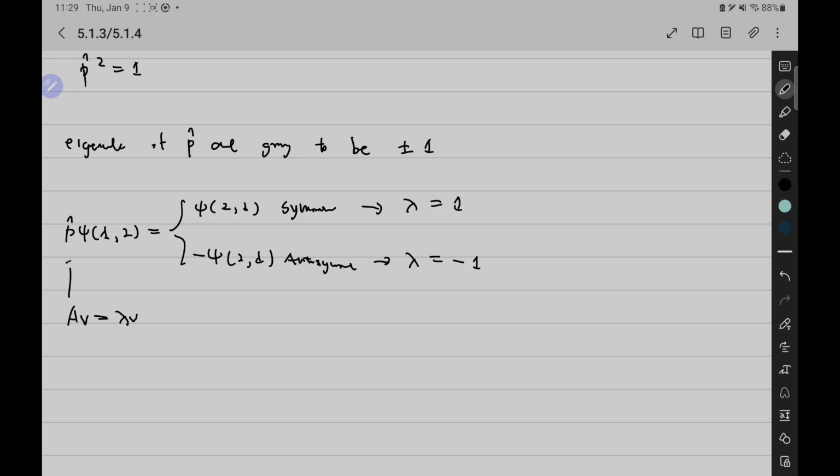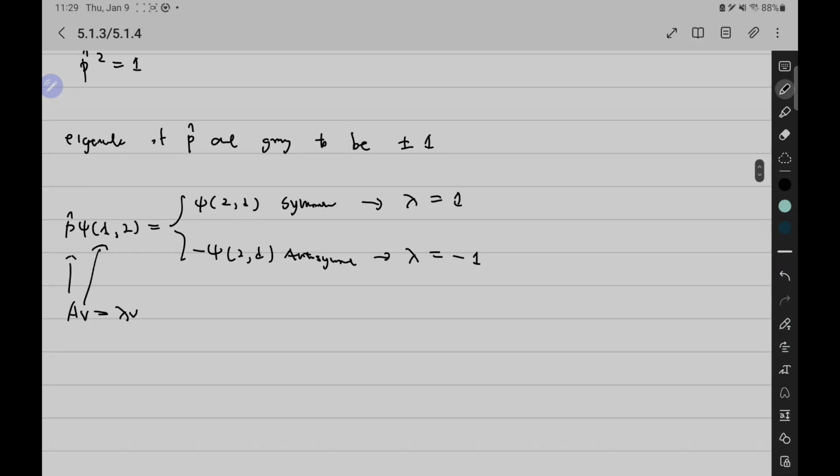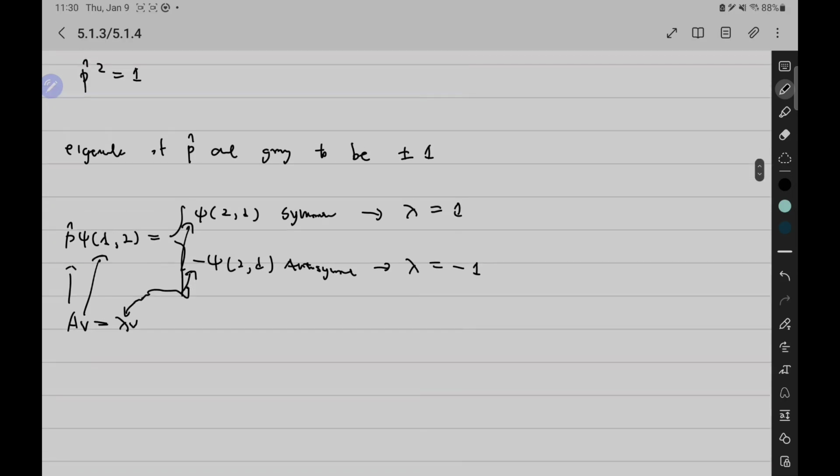So imagine our A is the P here, our v here is our wave function. You can clearly see your eigenvalue lambda could be either 1 or negative 1. So that is why the textbook said the eigenvalue of the exchange operator is going to be plus or minus 1.